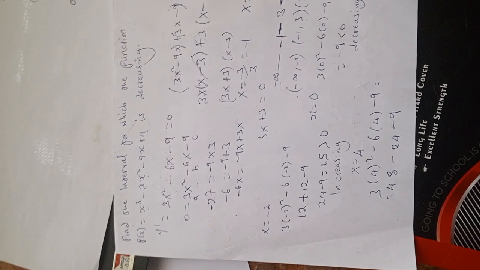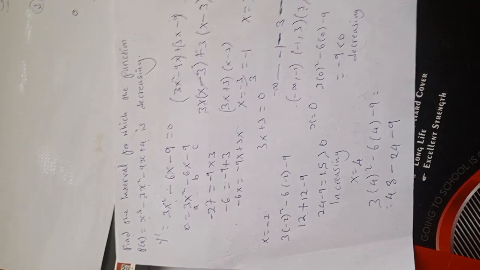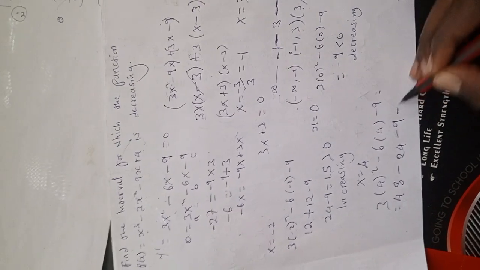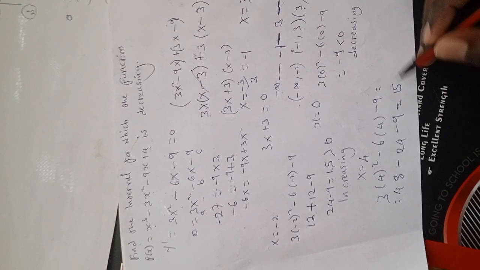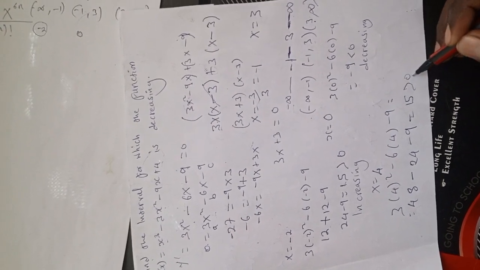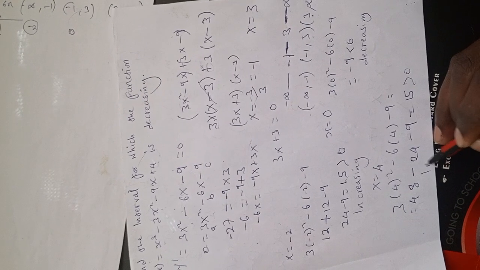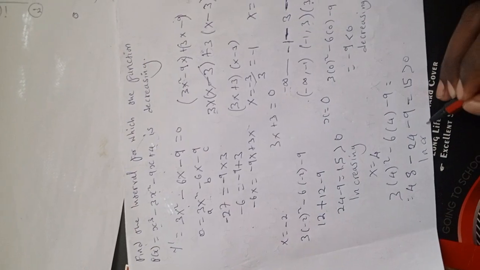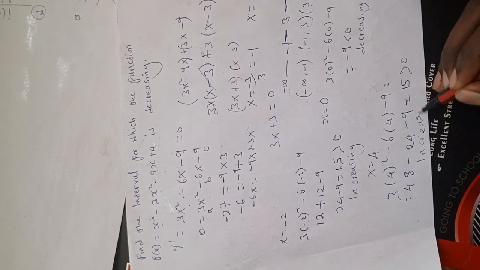So 48 less 24 is 24. Less 9, our answer is 15. We can see that 15 is greater than 0, which is not a negative number. So this means that the function is increasing in this range.